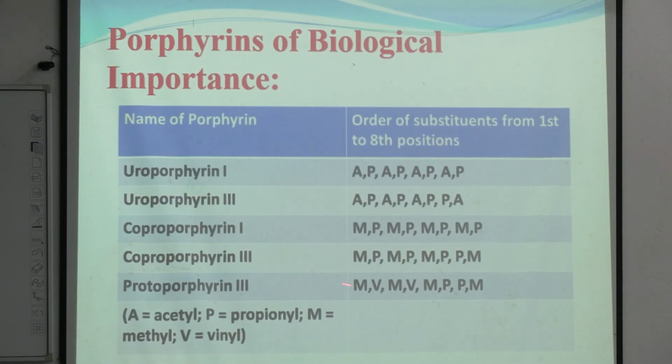So just before adding the ferrous iron to the central part of the tetrapyrrole ring, protoporphyrin 3 is formed. This is according to the pathway: uroporphyrin 3 will be converted to coproporphyrin 3 and then to protoporphyrin 3. Clear?